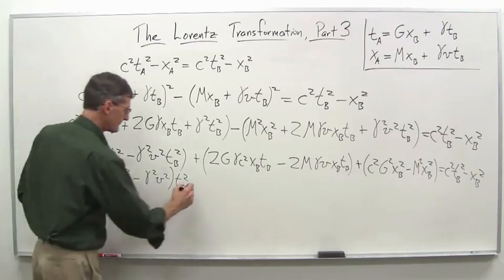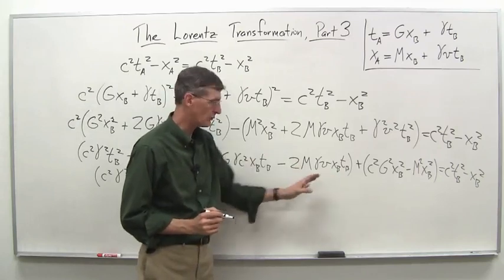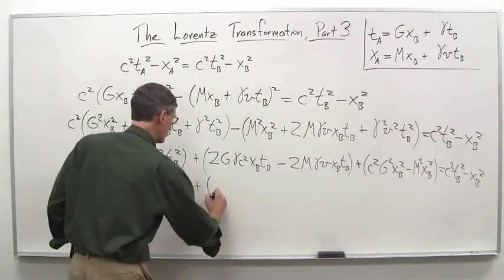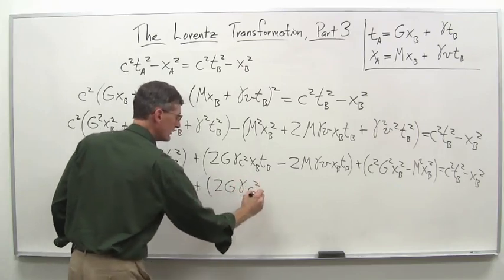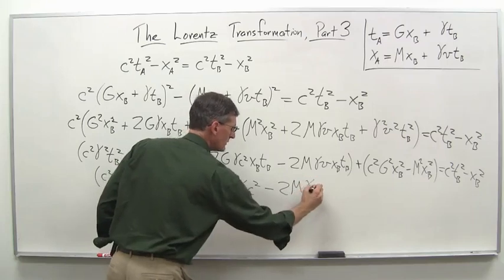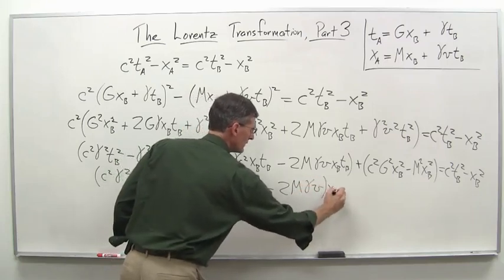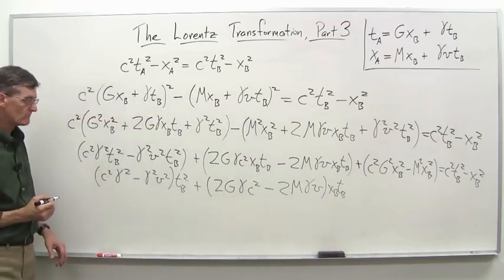And then same thing here, I've got an xbtb here and an xbtb there, so we'll pull that out and write this as 2g gamma c squared minus 2m gamma v times xb tb. Okay?